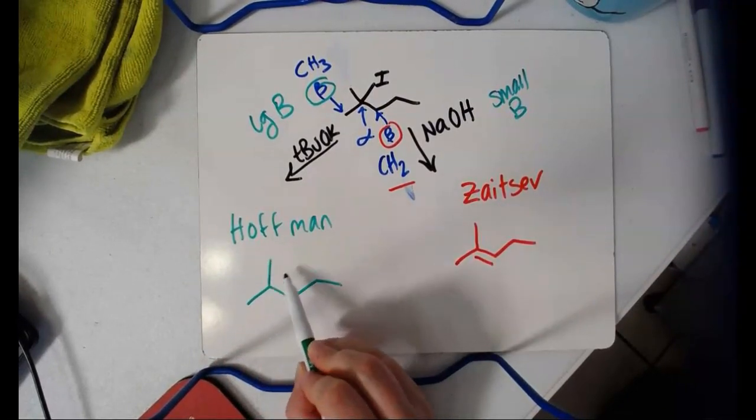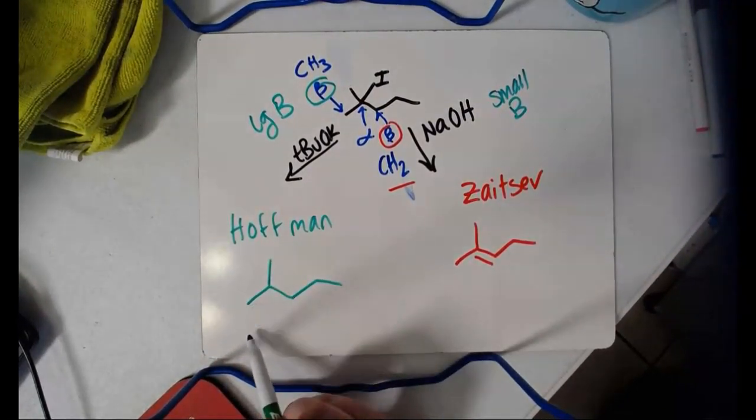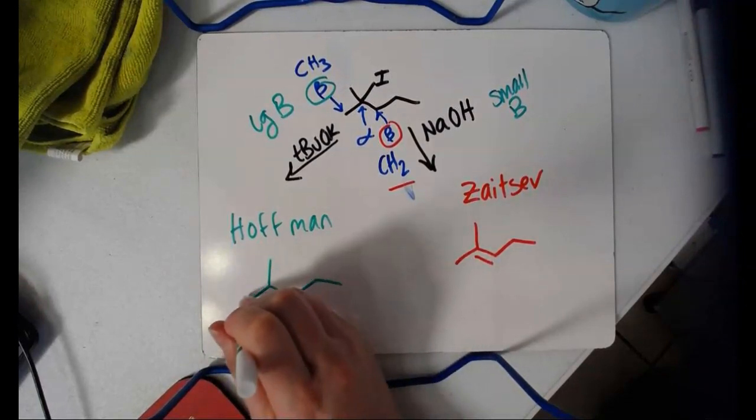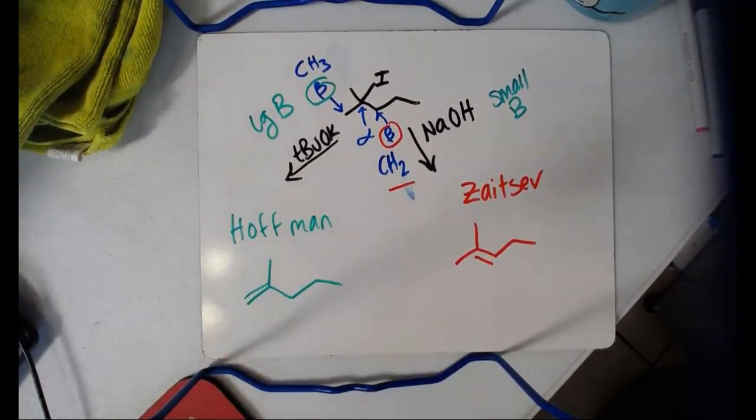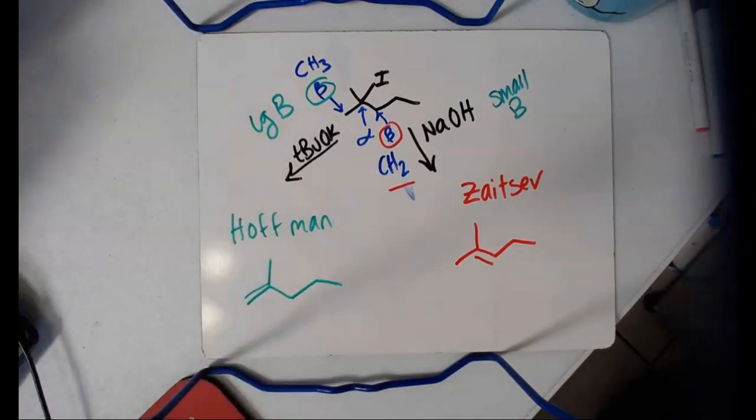So I've taken off my leaving group, I've removed a hydrogen from that beta carbon, and I end up with a new double bond between the alpha and the beta carbons. So we can create two different products from this reagent by changing what type of base we use.